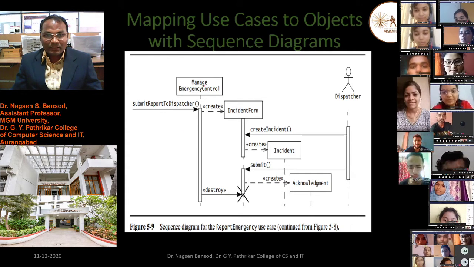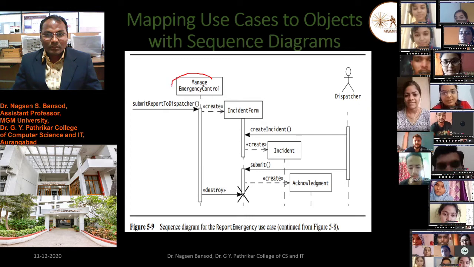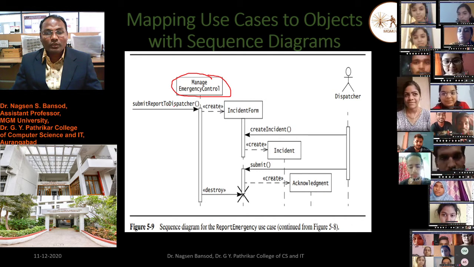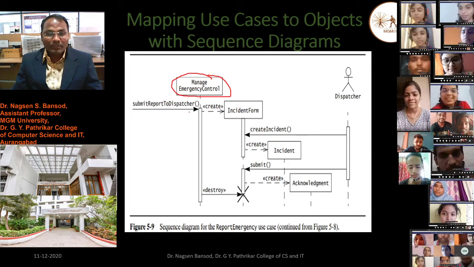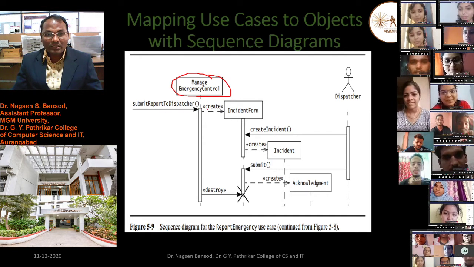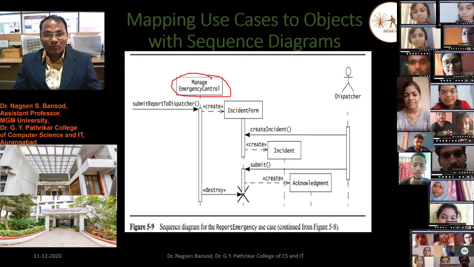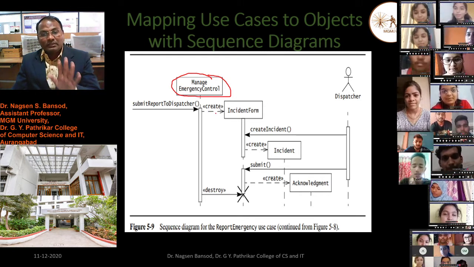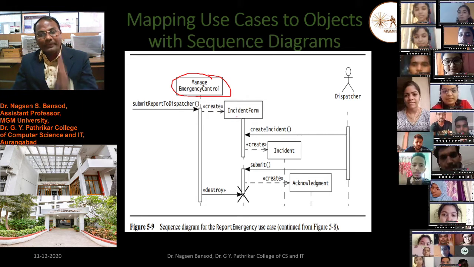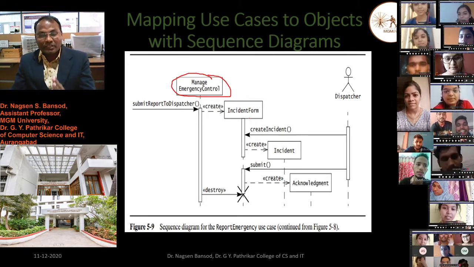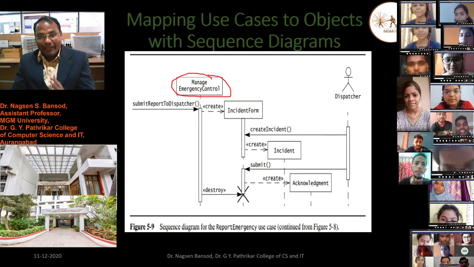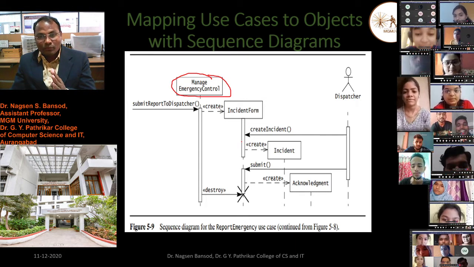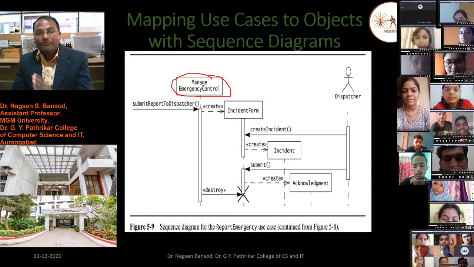Now there is another, manage emergency control, to submit the report to the dispatcher. To submit the report to the dispatcher, there is a control, and after clicking that button, the incident form will be created, and this incident form again we have to send to the dispatcher.